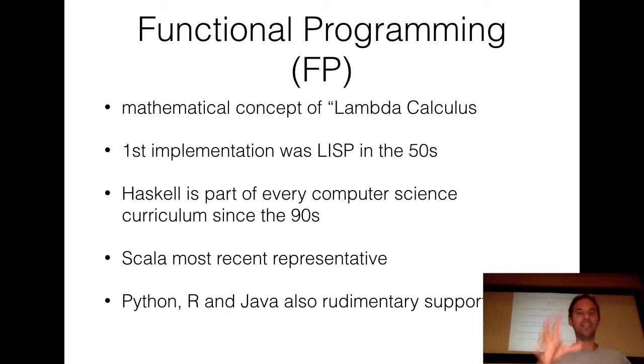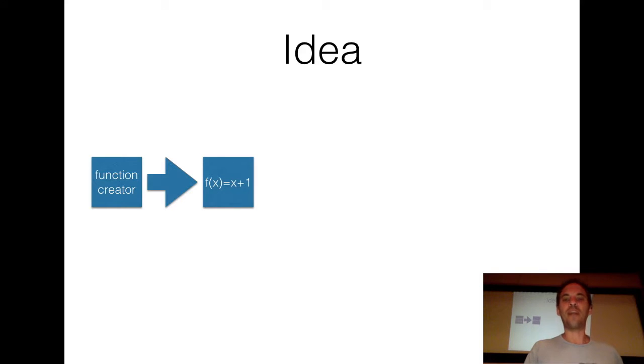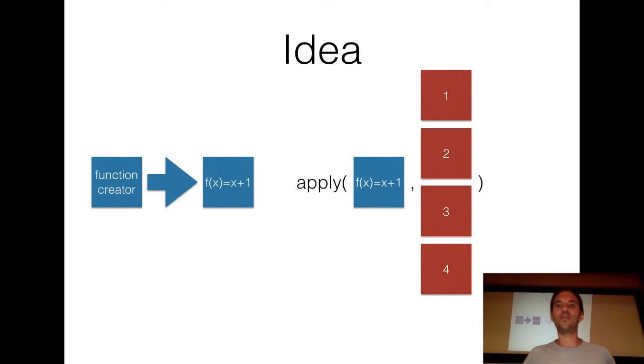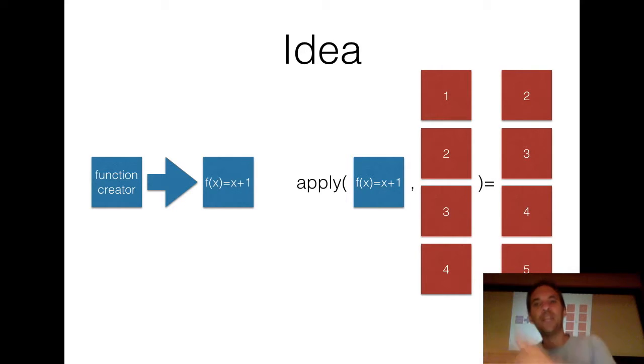Okay. The key thing is functional programming in Spark. So the idea is that you basically have a function, and that function can be sent to the data, and that's completely different from the normal way of thinking. So you use an apply function that can also be called a map function, and you basically apply the function to your data, and the result is the same as if you had written an iterator, a control structure like a while loop.